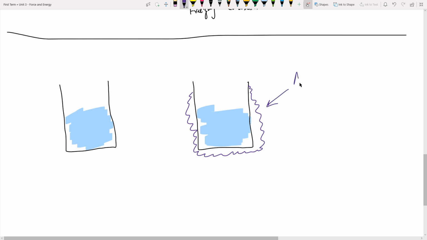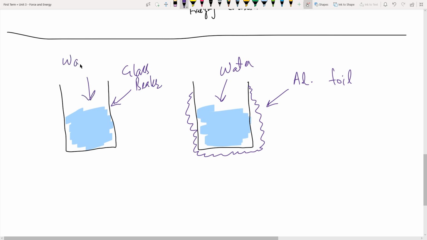So this is aluminum foil, this is water in there. This is a glass beaker for both, and again, this is water. Let's just say I put light to this, right?